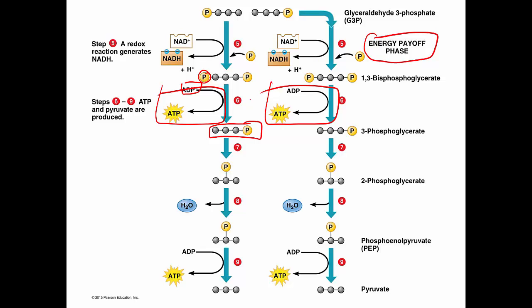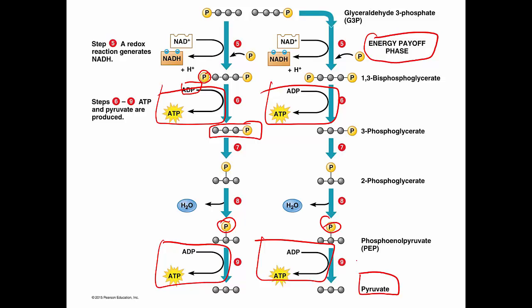Step 7 and 8, you don't really need to know too much about. Essentially a water molecule leaves. And then lastly, in step 9, we have 2 more ATP molecules generated. This phosphate group is given up, and this converts ADP into ATP. And lastly, we have our pyruvate at the very end.